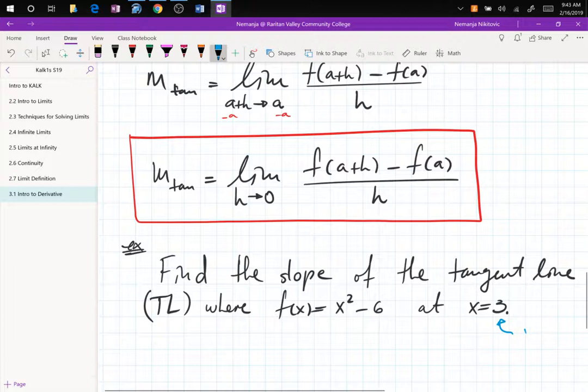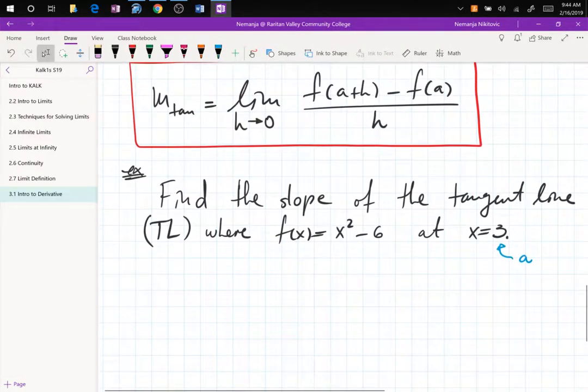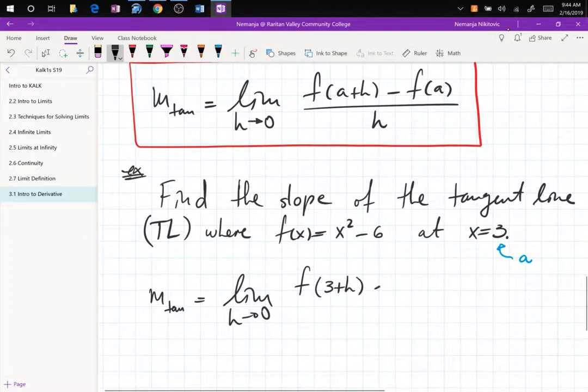So now this 3 is your a, because you are looking for the tangent line at x equals a, right? So x equals 3, meaning a is 3. All I need to do is to plug all of this into my formula. Limit as h goes to 0 of f of 3 plus h minus f of 3 divided by h.